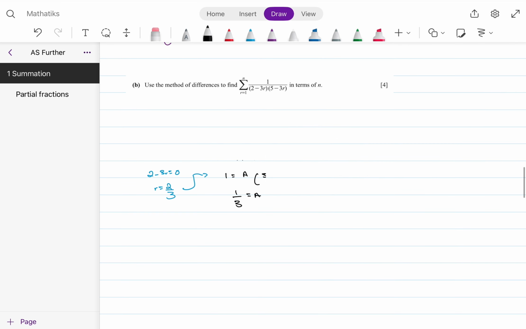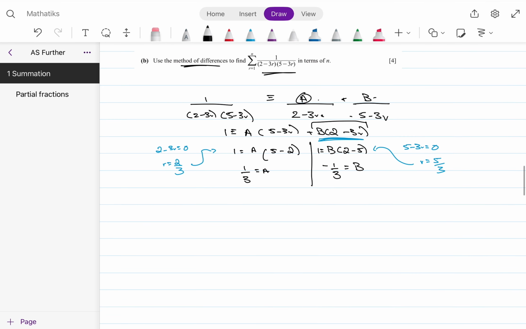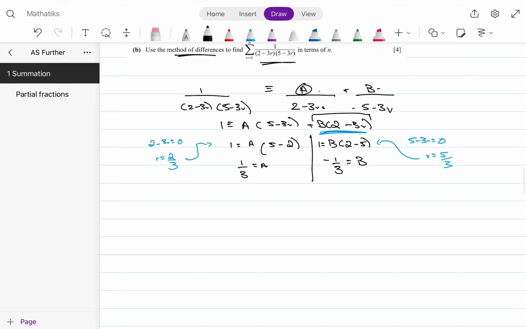Okay, when you're doing method of differences, you need to take different values of r and try to recognize a pattern. So first, let's write this out. Let's take 1 upon 3 common, since it's common in both of these.